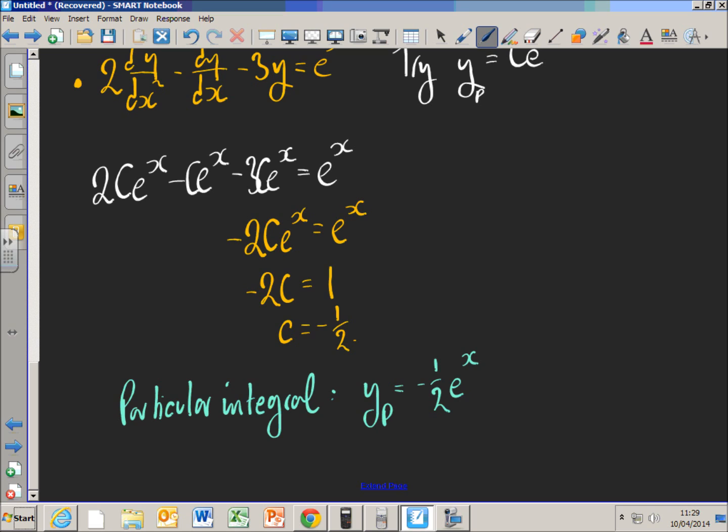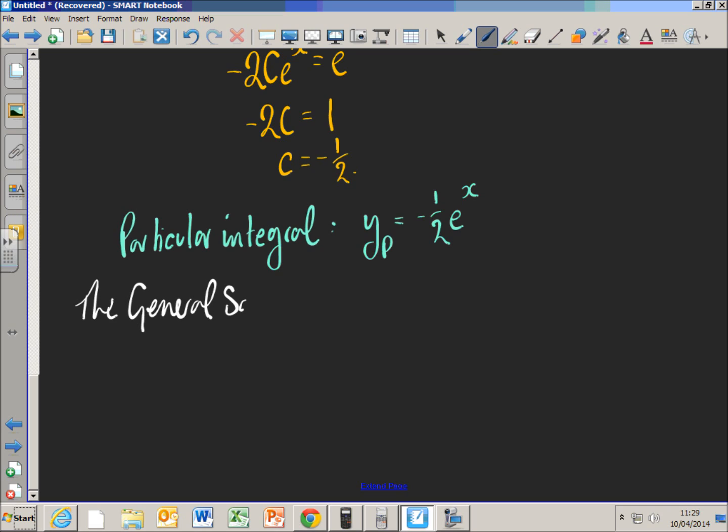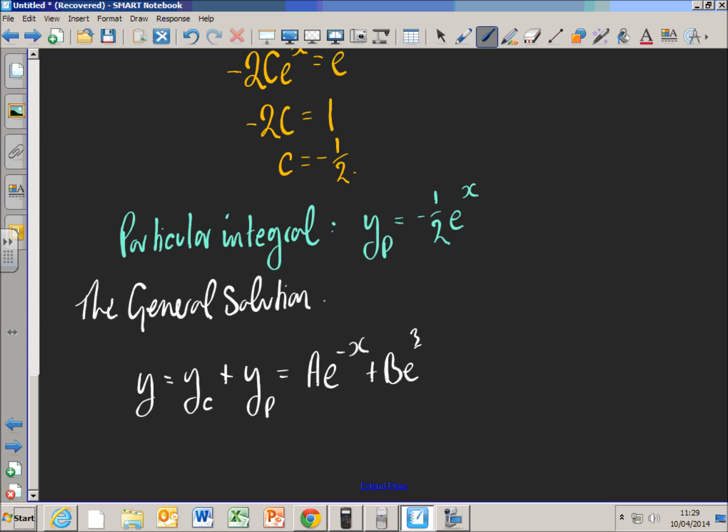And then the general solution is going to be the complementary function plus the particular integral, and I think that was a e to the minus x plus b e to the 3 over 2 x minus a half e to the x.